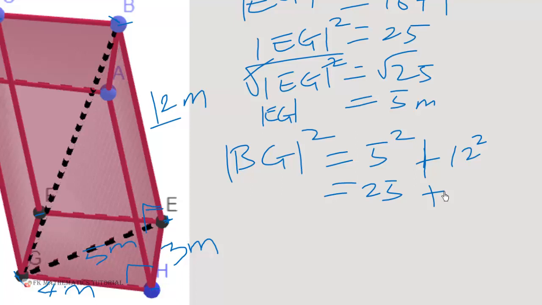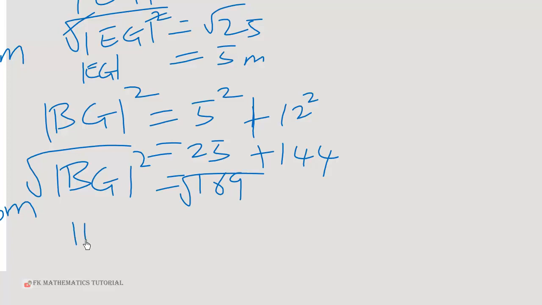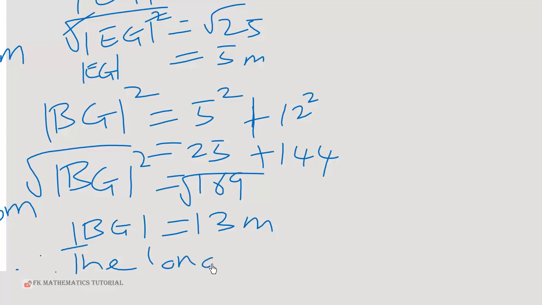Now we add it to 12 squared, which is 144. So BG squared will be equal to 169. Taking the positive square root of both sides, you get magnitude of BG to be equal to 13 meters. Therefore, the length of the longest stick that can fit into the box, or that can be put in the cuboid, is 13 meters.